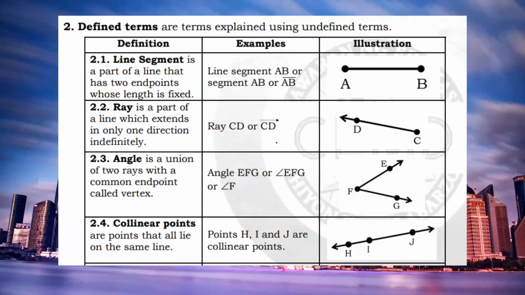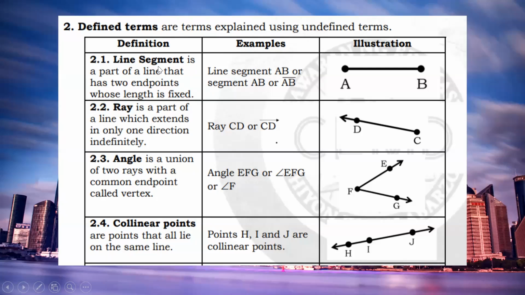Okay. So next on the mathematical system, we have the defined terms. So this is a line segment. This is a ray. I know you're all familiar with this because you already discussed this during elementary and grade 7, right? We have angle, union of two rays with common endpoints. So these are defined terms explained using the undefined terms.